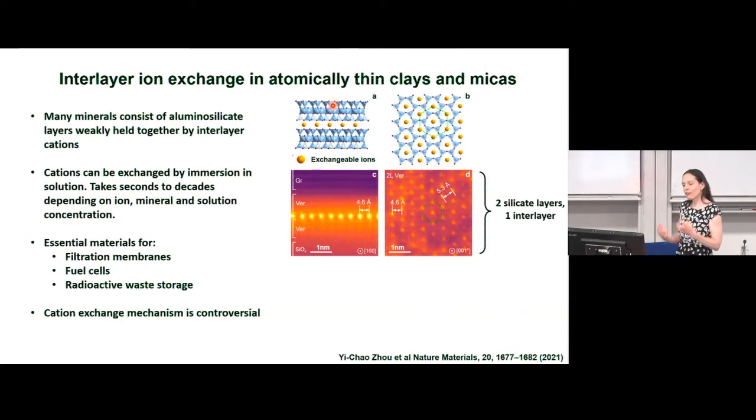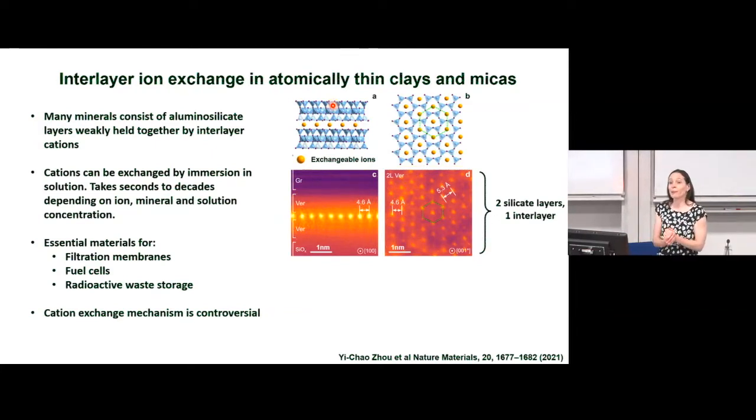And a key feature of these cations is that they're readily exchangeable. So the native cations could be something like potassium or calcium, sodium, and you can exchange them with different ions that happen to be present in the environment. Now that's really important because if you have a nuclear disaster and radioactive cations have been leached out and ended up in the soil, then these clays and micas will adsorb, take up the cations in those interlayer spaces, and that radiation will stay in the soil for a very long period of time.